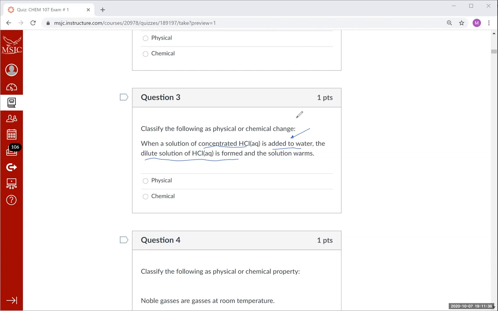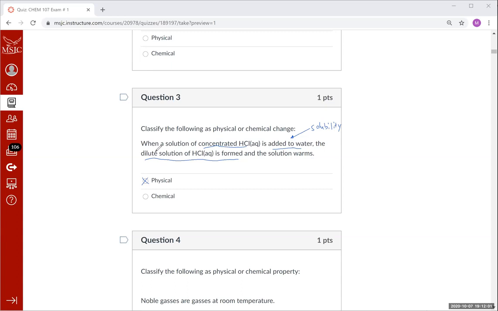What property are we concerned with here? When we mix something to make a solution? Solubility. Yep, exactly right, solubility. And as a result, is solubility and dissolving a physical or chemical change? Physical. Yep, exactly right. It's a physical change.